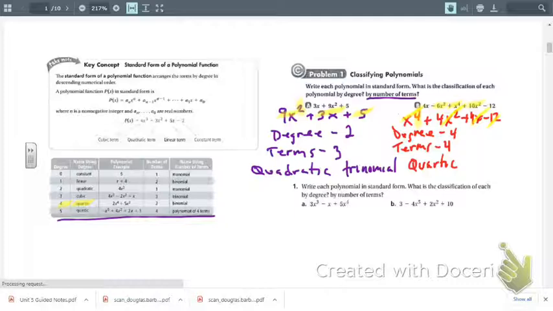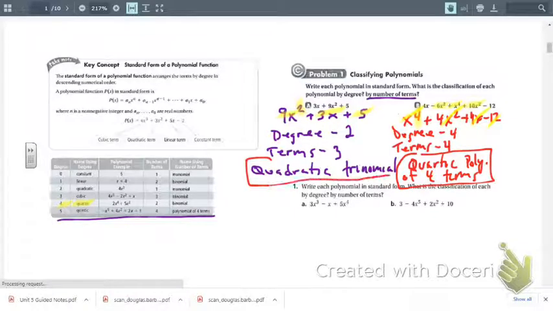If it has more than 3 terms, we say it's a polynomial of however many terms it actually is. So this is going to be a quartic polynomial of 4 terms. Okay. So those are the 2 answers.